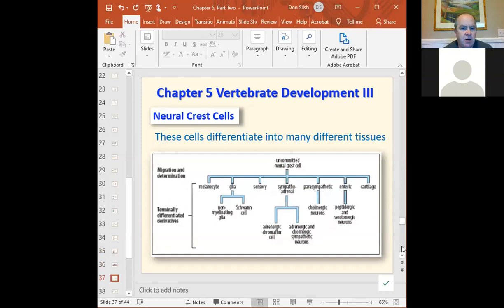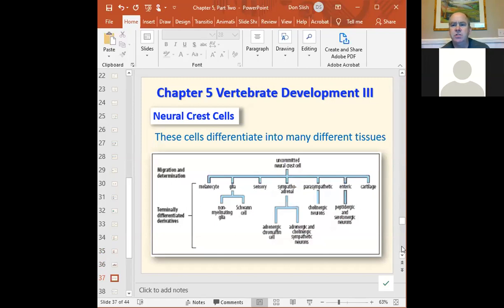Here we've got slide 37. You get glial cells, both types of glial cells there, melanocytes, which is kind of weird, goes everywhere into your skin to give your skin color. Sensory neurons. I think SOX 9 and 10 cause snail, right?